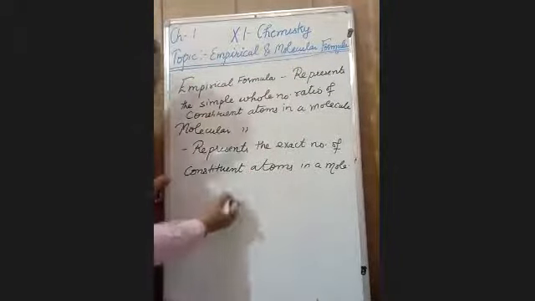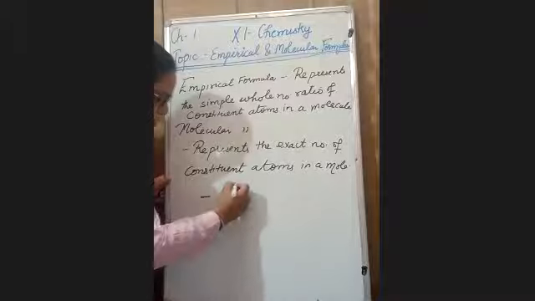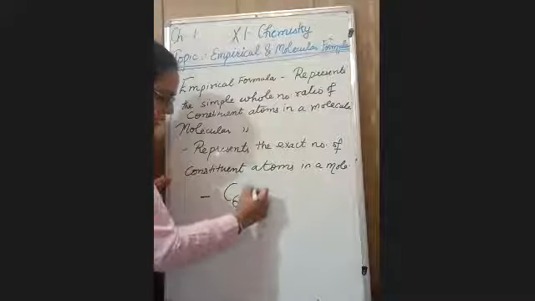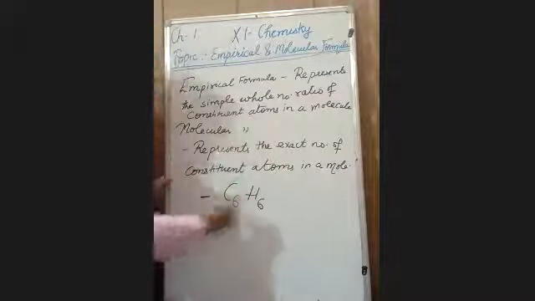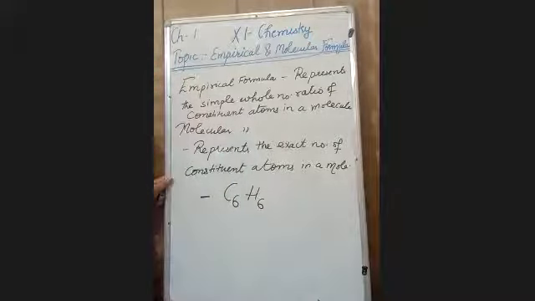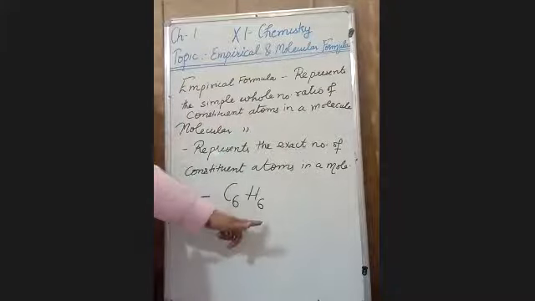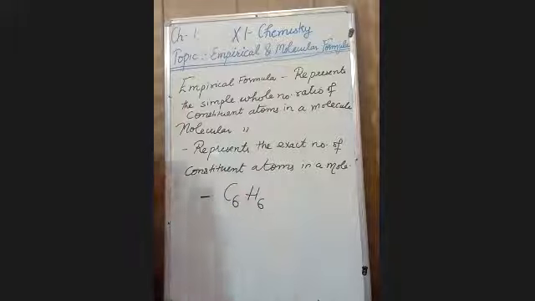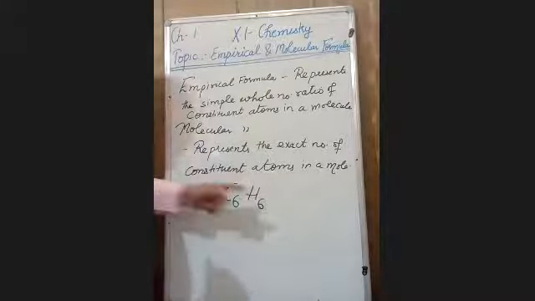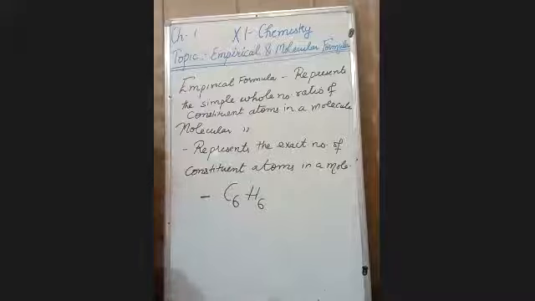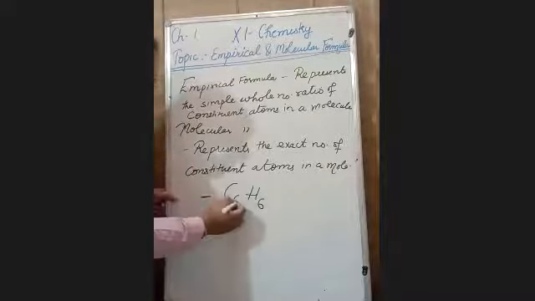For example, I am taking the molecular formula of benzene, that is C6H6. This is the molecular formula, which represents how many carbon atoms and how many hydrogen atoms are present in a molecule. But if I ask you to write its empirical formula, then take the simple whole number ratio.